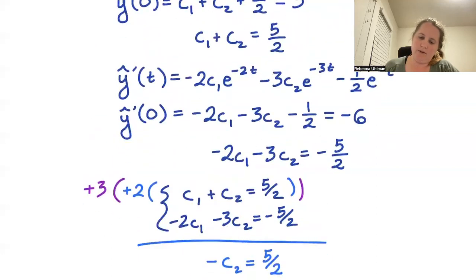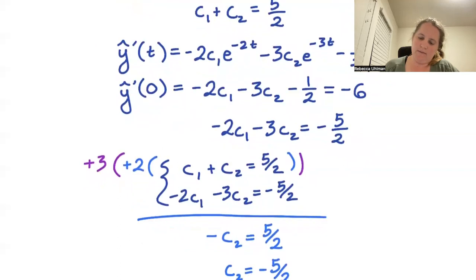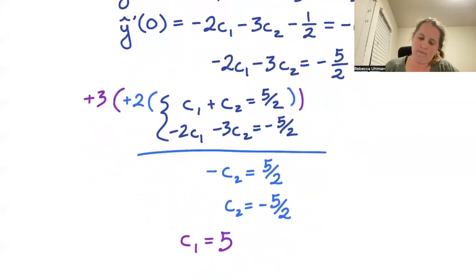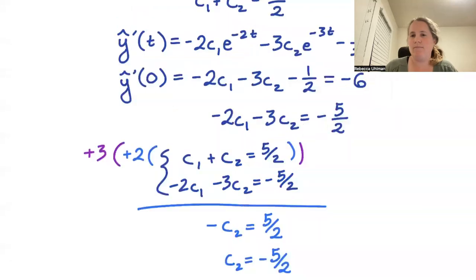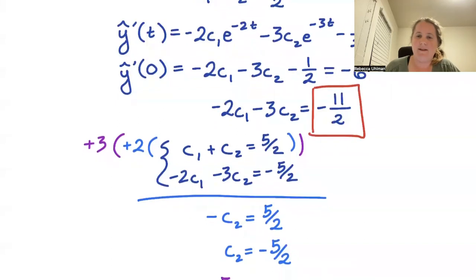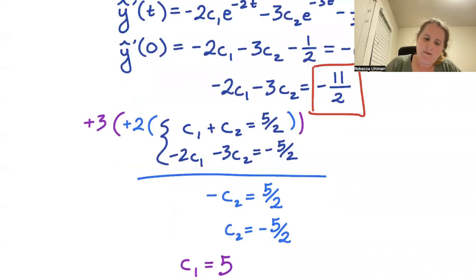What do we have? c1 plus c2 is 5/2, negative 3c2. Let me just check this, make sure I find where I made my mistake. I apologize. Negative 6 plus a half is not 5 halves. So this should be negative 11 halves. There we go. Which would also change here.